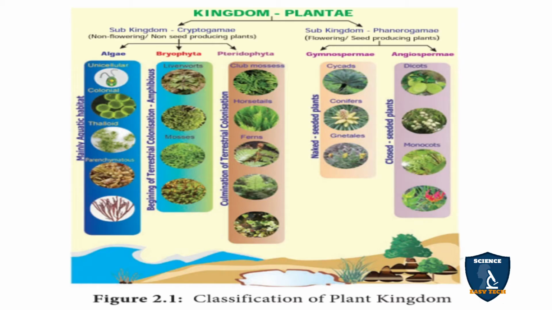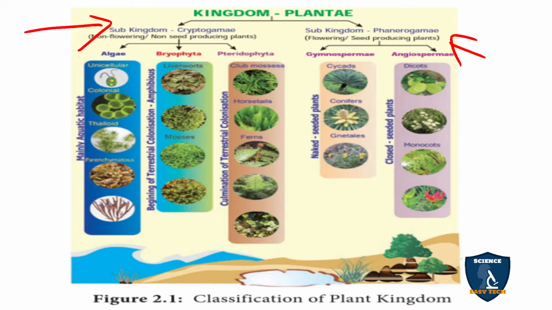And now the plant kingdom, that is Kingdom Plantae, is classified into two based on flowering and non-flowering: cryptogams and phanerogams. Cryptogams means non-flowering plants. Phanerogams means flowering plants.